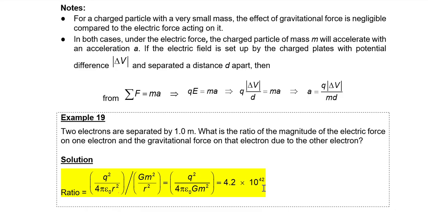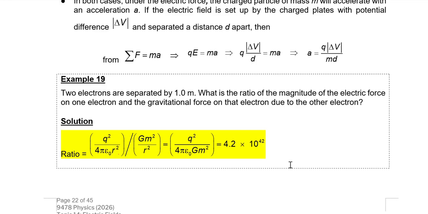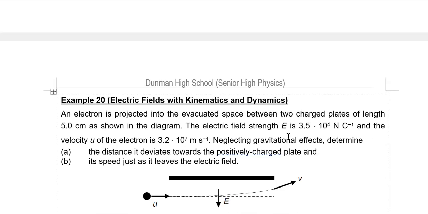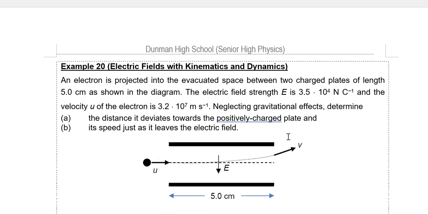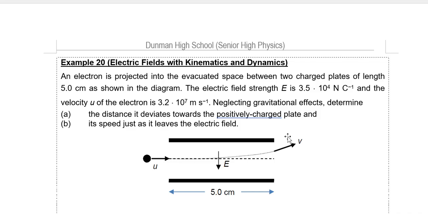So it's almost impossible for the gravitational force in this type of case, with electrons, to be anywhere close to the electric force. So that's why we can ignore the gravitational force, generally speaking. Let's move on to the next question. Do try and pause and do this question.